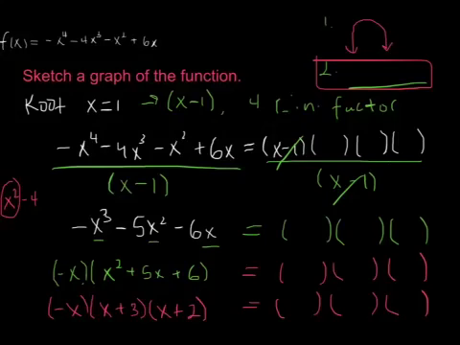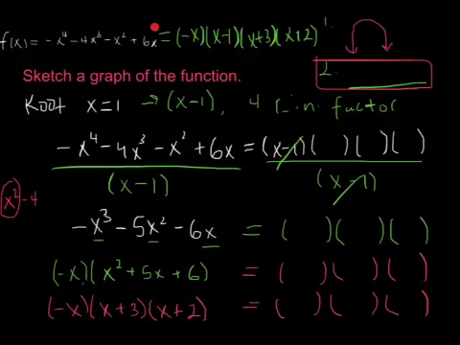If I were to factor this polynomial here, I would have a negative x times x minus 1 times x plus 3 times x plus 2. Those are all the factors. I have my negative coefficient right here. I have 4 linear factors that will multiply together, and I will end up with my fourth degree polynomial.